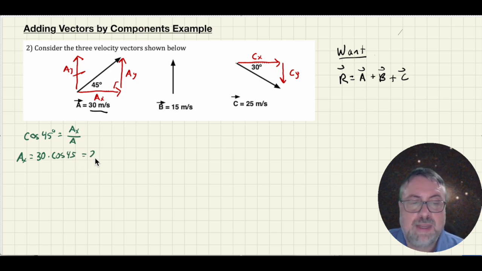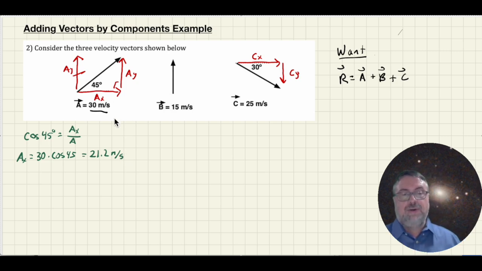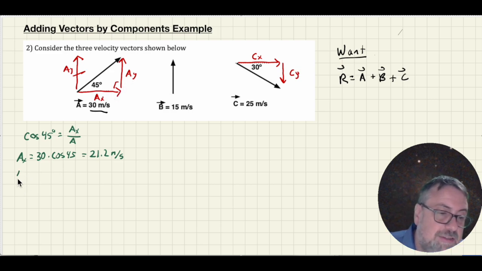And that works out to be 21.2 meters per second. Now, Ay is opposite the angle, so that would be the sine function. But since it's a 45-45 triangle, I know that the two legs, Ax and Ay, have to be the same size. So I can save myself a little time and note that Ay must also be equal to 21.2 meters per second.